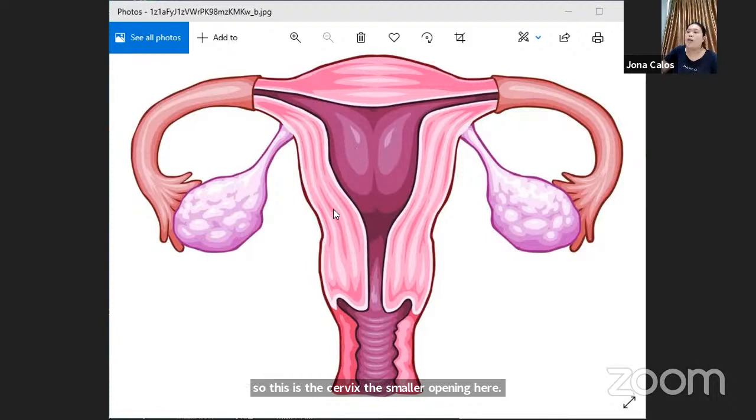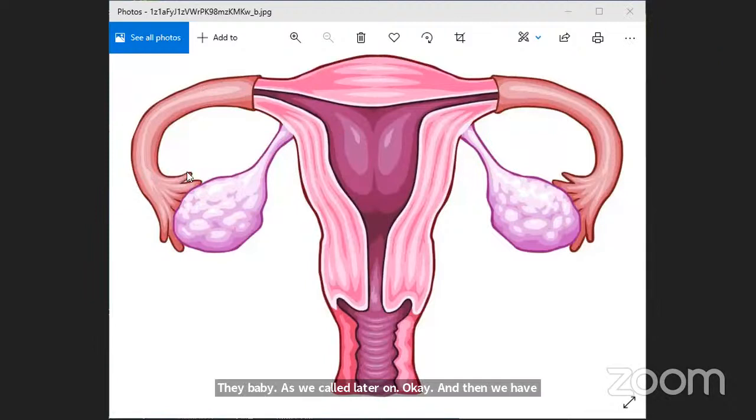And then going through the uterus. This uterus is where the fertilized egg would be implanted or where the zygote will grow. The zygote is the term for the fertilized egg, and it will be the baby, as we call it later on. And then we have the fallopian tube.